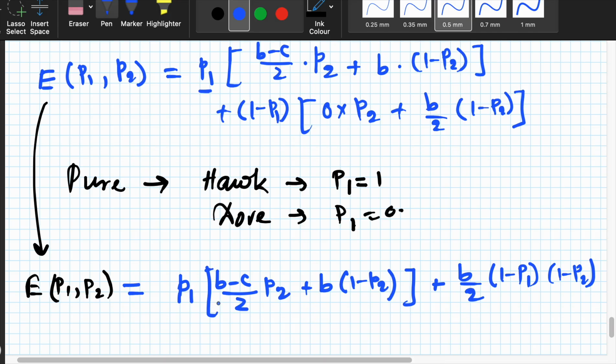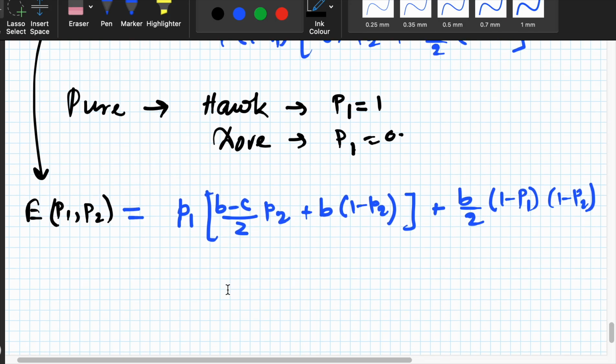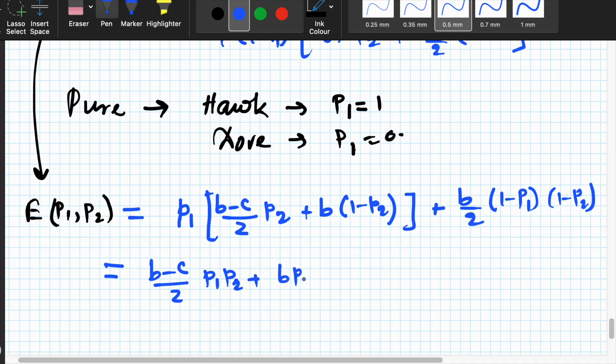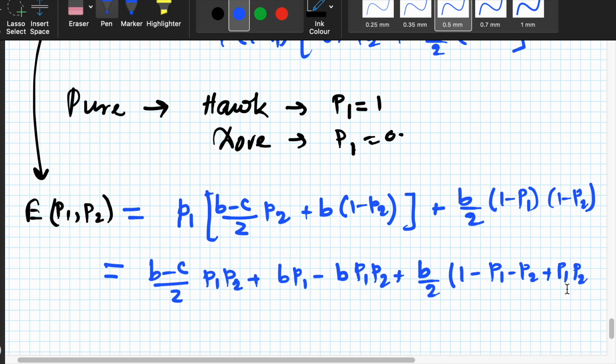So now let me generalize this thing. So (b minus c)/2 p1 p2 plus b p1 minus b p1 p2 plus b/2 (1 minus p1 minus p2 plus p1 p2).